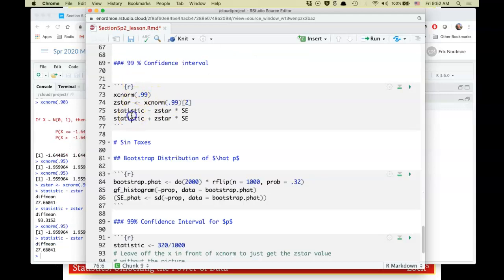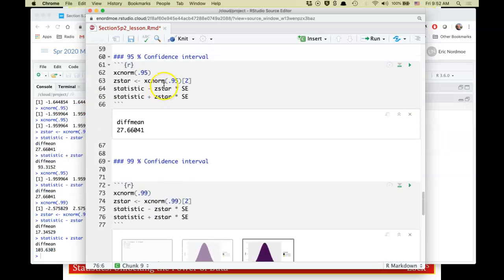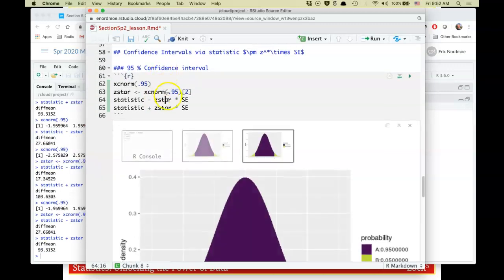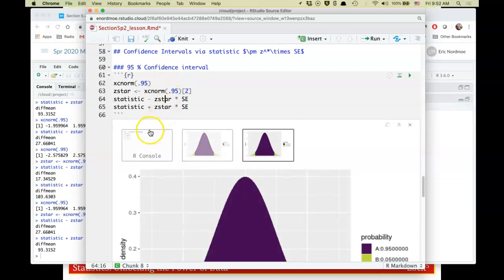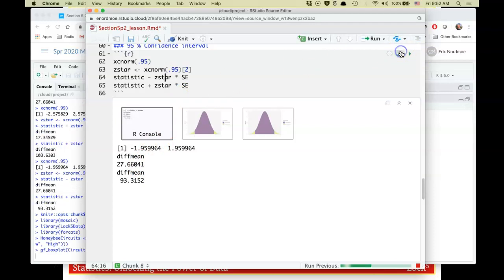So the statistic, let me rerun this whole section. Oh, I see. I jumped down to the next one. It's jumping around a little bit on me. So anyway, the endpoints that I get with the statistic plus or minus the 1.96 are 27.66 to 93.31. And remember, that's going to change.